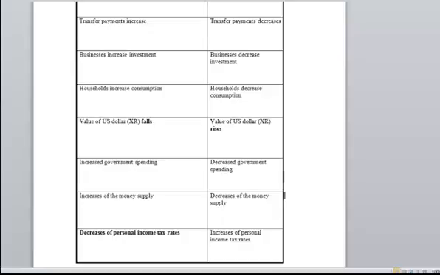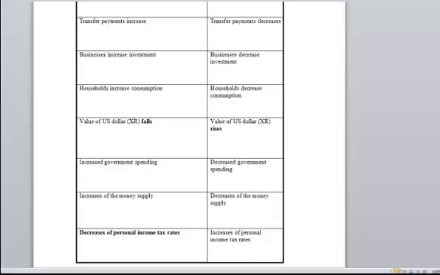Well, if interest rates fall, then that means you and I will spend more, so consumption goes up. If interest rates fall, that means businesses will invest more because more projects will be profitable at lower rates of interest.